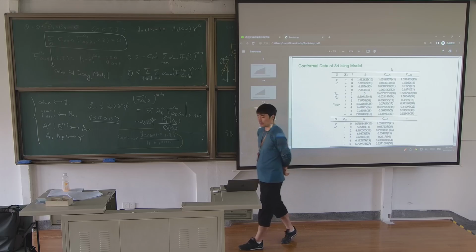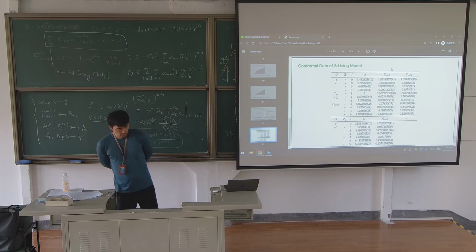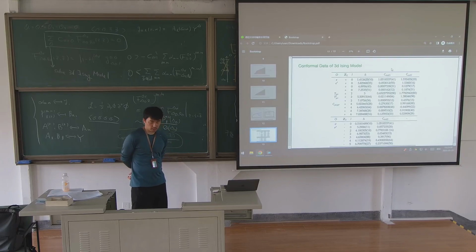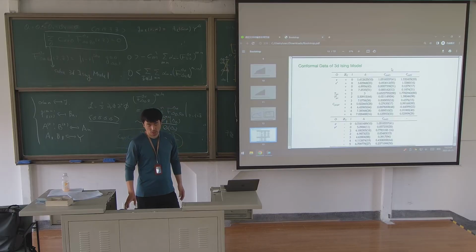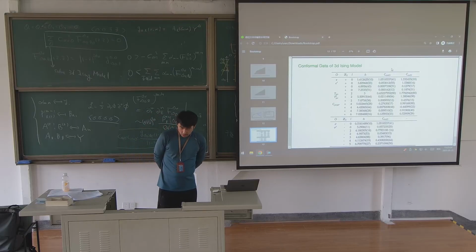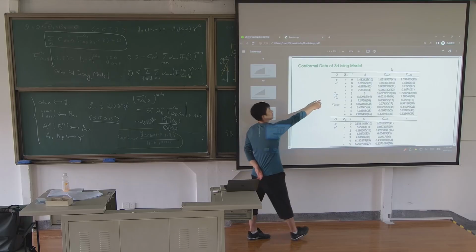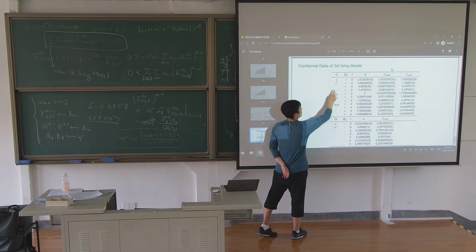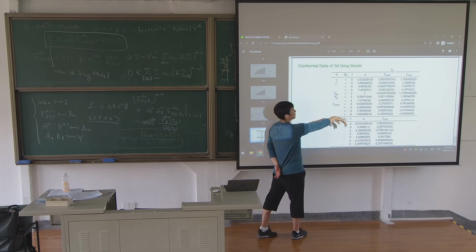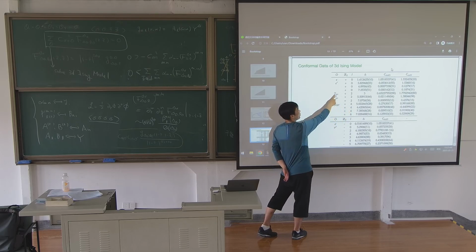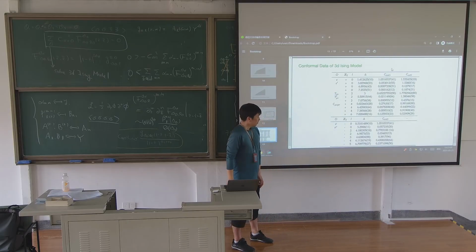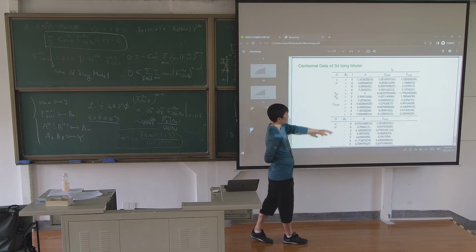So this is a more precise value than the Monte Carlo simulation can give. Moreover, if you solve these 3 kinds of 4-point functions, one can get more OPE data. Those are not only epsilon and sigma primary fields, but also some other fields, and T_μν is also a primary field, and so on.